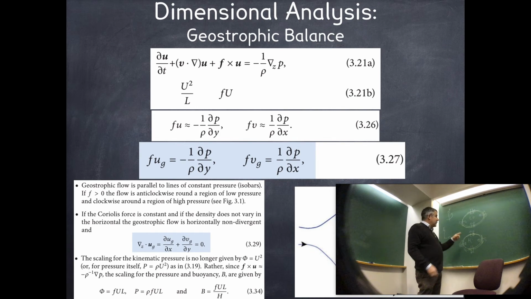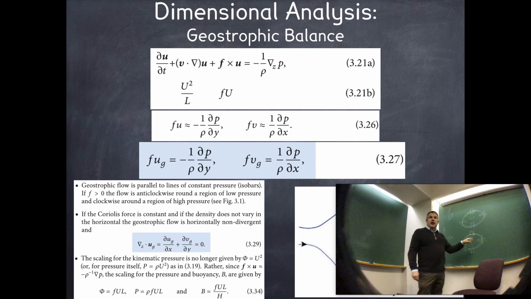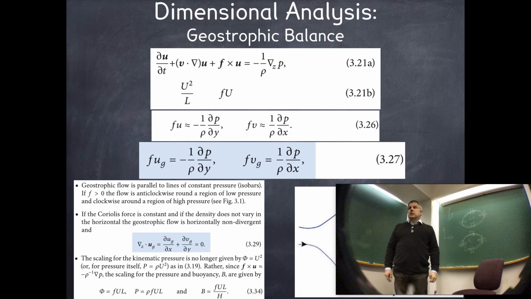So how do I think about that from f cross u? How do I get a Coriolis force that's either inward or outward? What's the direction of f cross u? If f is in the vertical, how do I use my right-hand rule? So I take the f direction and then I cross it into the direction of the velocity, right?